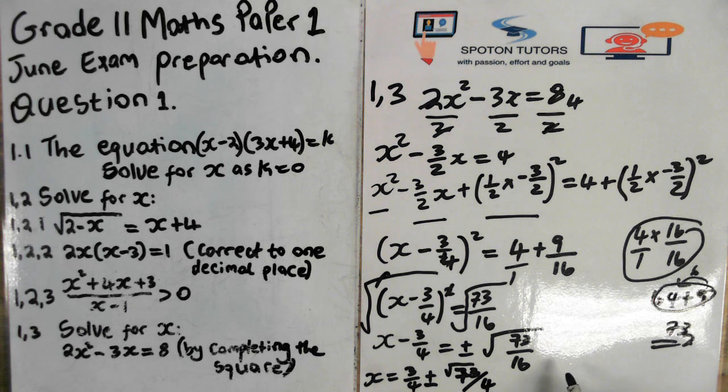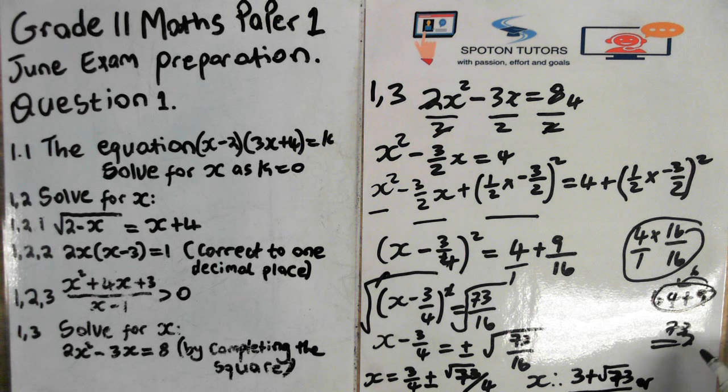So x is therefore 3 plus root of 73 all over 4, or 3 minus root of 73 all over 4.